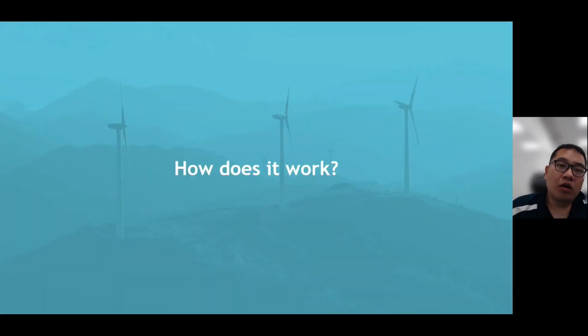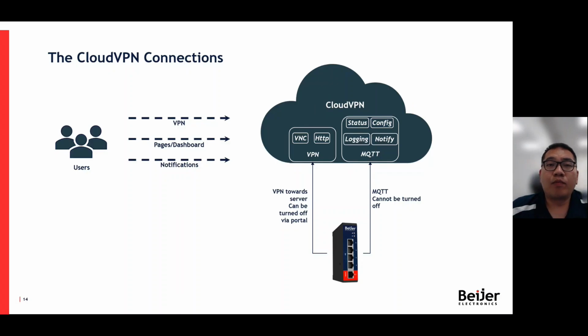So how does it work? The CloudVPN, you can look at it as multiple different connections. Let us first look at the hardware itself. From the hardware, we have two different connections coming out that connect to our CloudVPN portal. On one end, we have the VPN connection, which can be turned off. And that's a very useful feature to have.